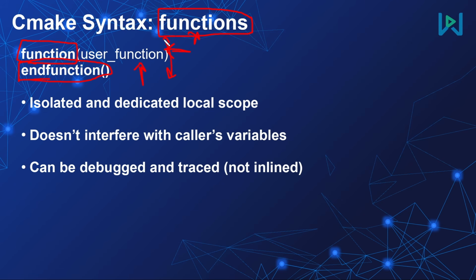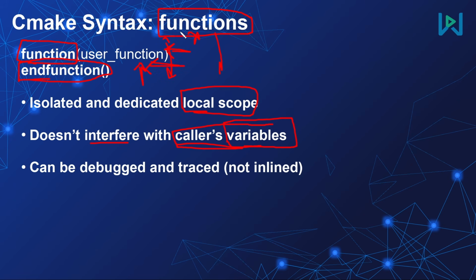However, the major difference compared to macros is that functions have and support their own local scope, meaning they do preserve space within the stack for local scope and variables. And this is totally different from macros. Because they have their own local scope, they don't interfere in general with the caller's variables. So we cannot, and in general we don't need to, change the caller's variables within the function's body.